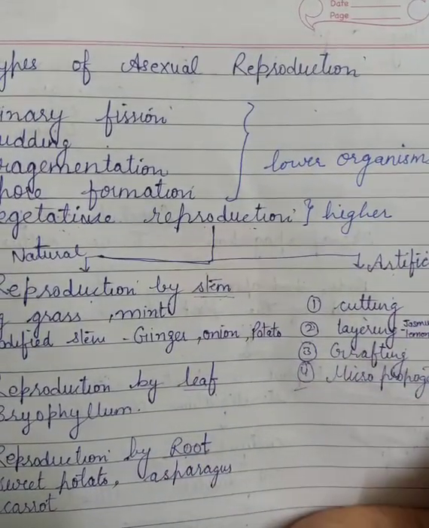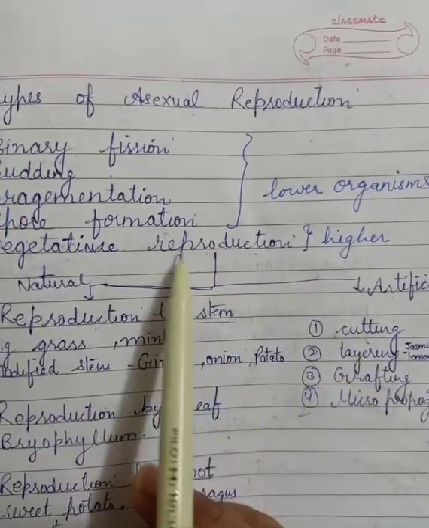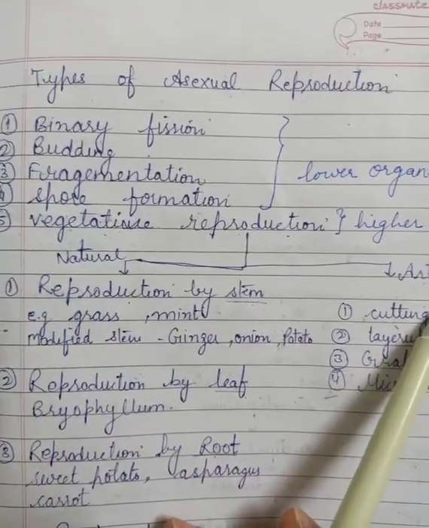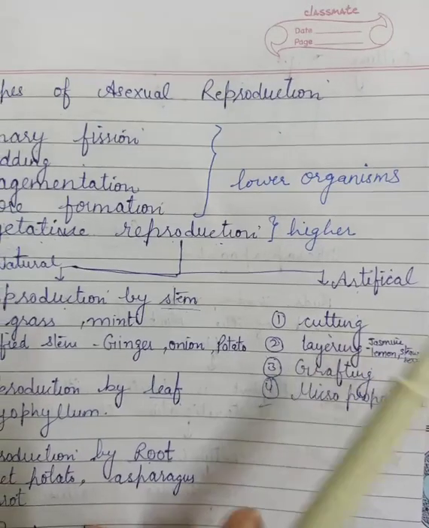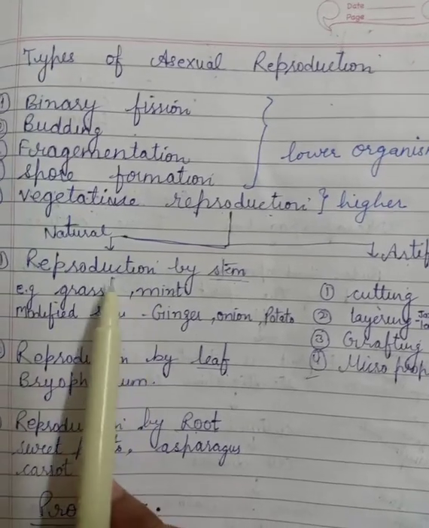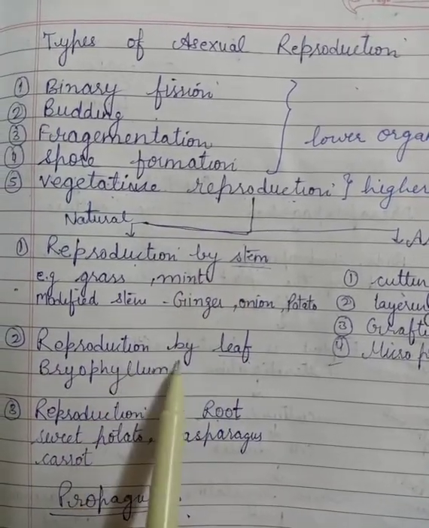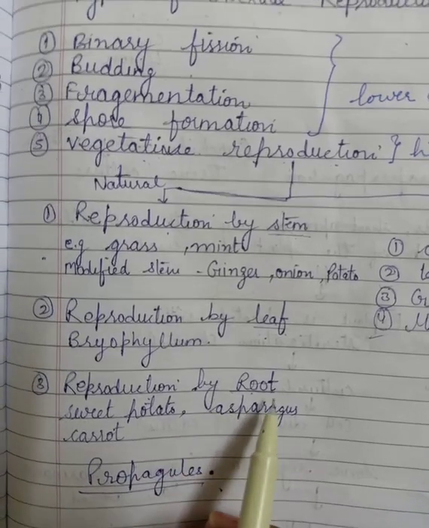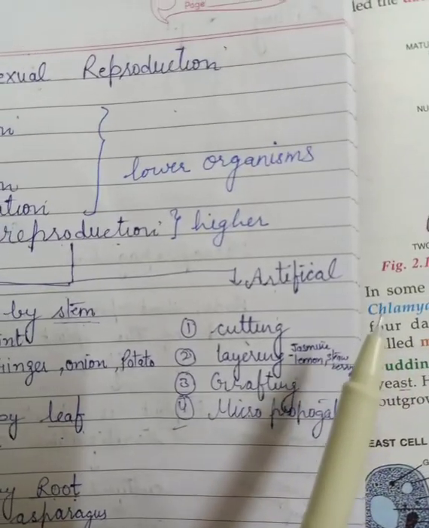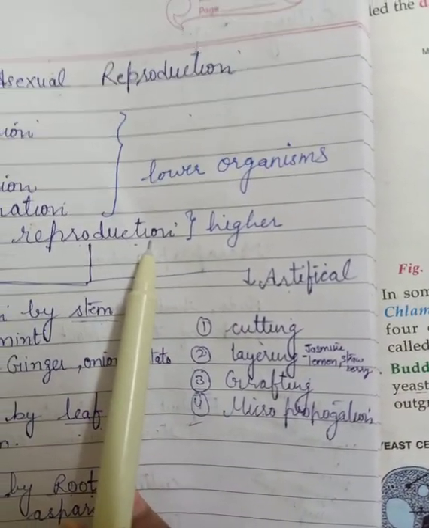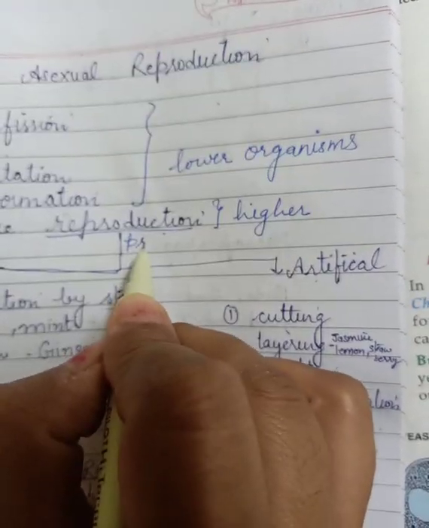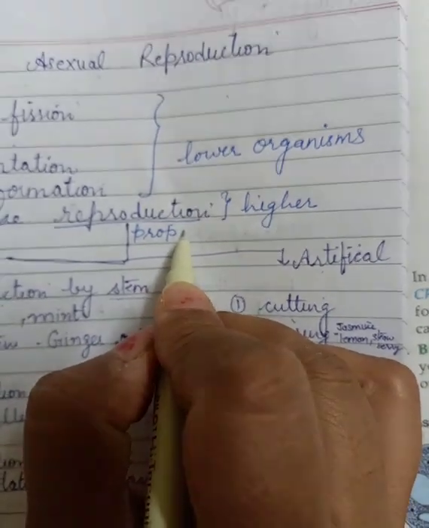Okay, like plants. So the vegetative reproduction is again of 2 types. One is natural reproduction, second is artificial reproduction. In natural reproduction, it is again of 3 types. First is the reproduction by stem, second is the reproduction by leaf, third is the reproduction by roots. And artificial reproduction, instead of that you can also use one more word, that is called propagation.